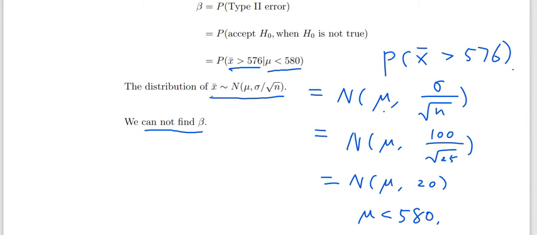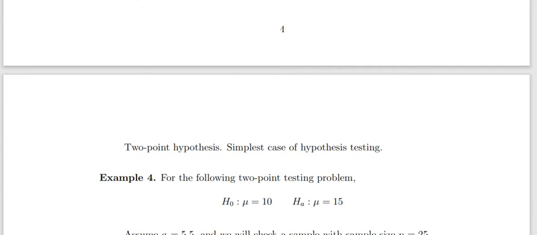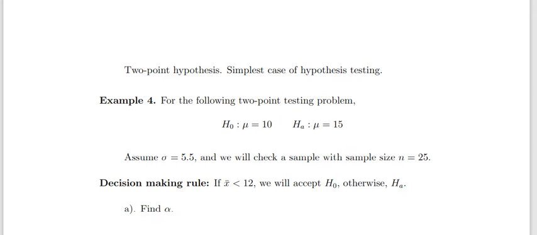So only for some typical situations can we find the value of beta. This typical situation we call the 2-point hypothesis, the simplest hypothesis. With a 2-point hypothesis, H0 says mu equals this number, and HA says mu equals this other number.